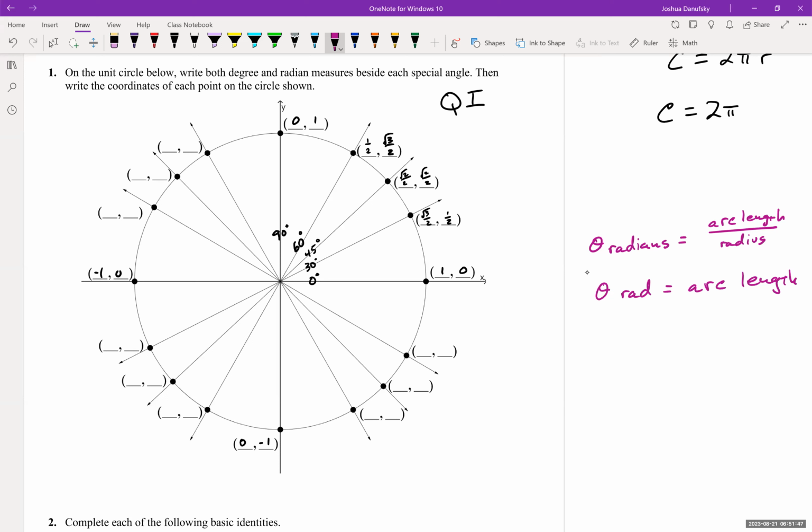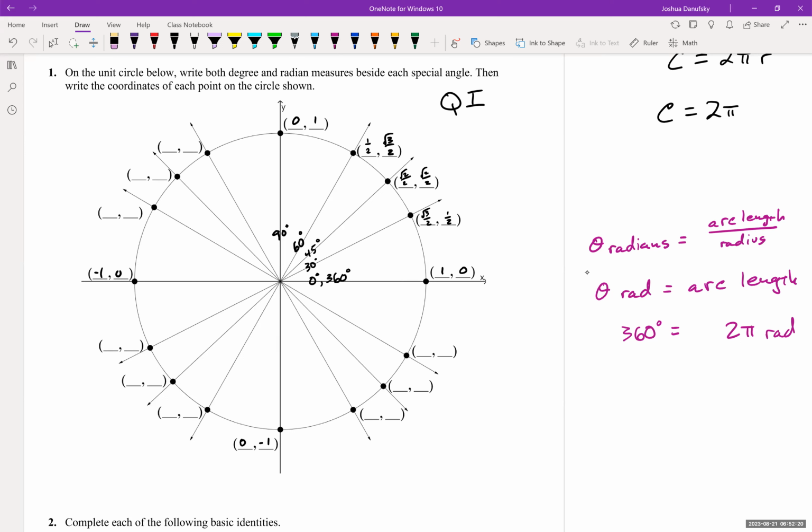We know the arc length for the whole thing is 2 pi, so that's theta in radians for all the way around. We also know that all the way around in degrees is 360. So 360 degrees is all the way around the circle, and so is 2 pi radians. We don't need to write the RAD here. If you just write 2 pi for an angle, I'll know you mean radians.